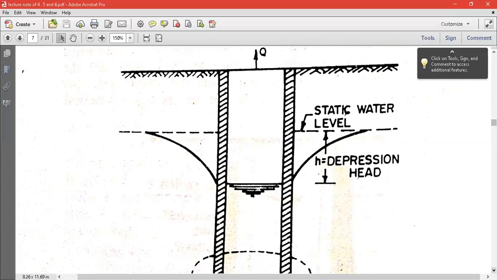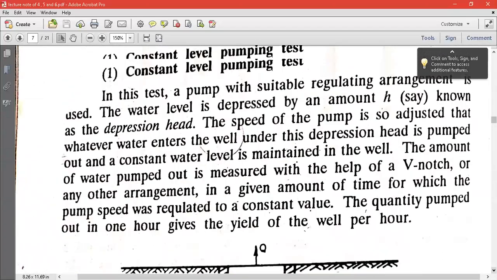Then we can find out the discharge of the well by measuring the discharge in the pumping method. How, that I am going to tell.